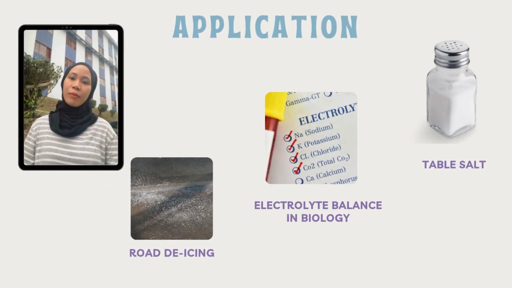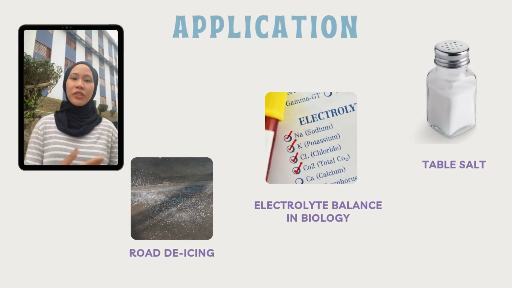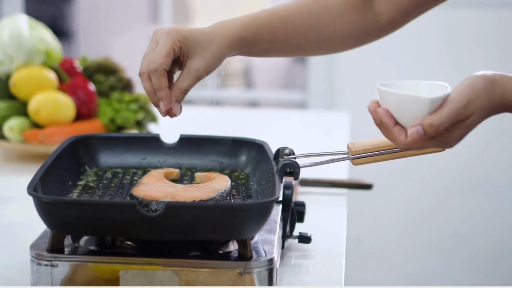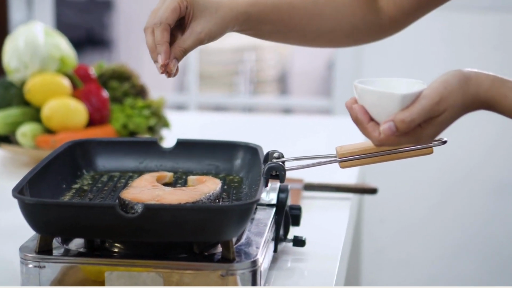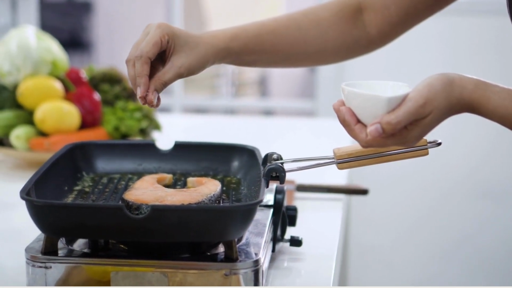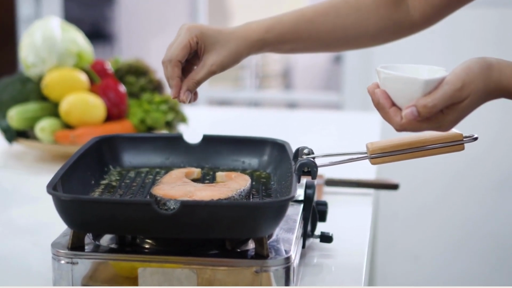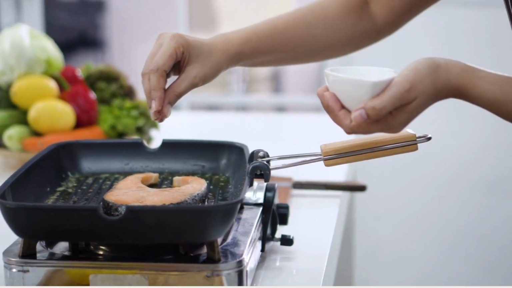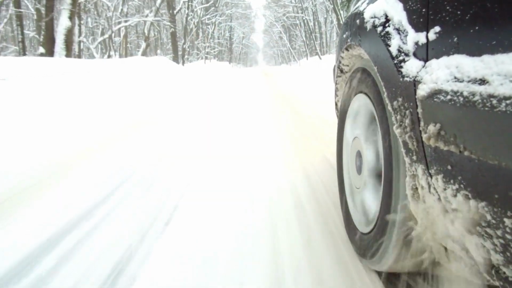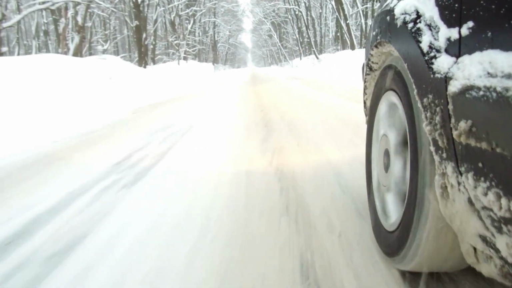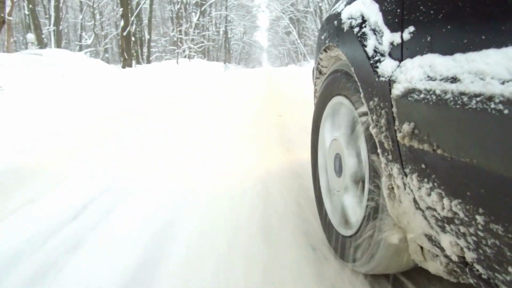So let's jump to the applications of sodium chloride. We can see at the table, it's a familiar use of sodium chloride, but its usefulness goes beyond that. Rock salt is widely used on icy roads in the winter because it lowers the freezing point of water.